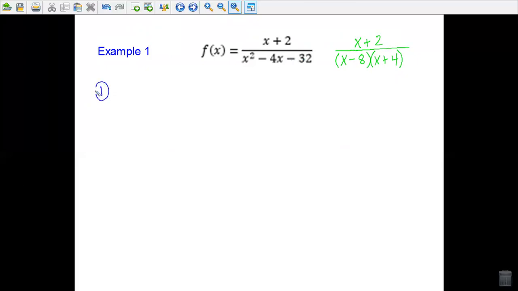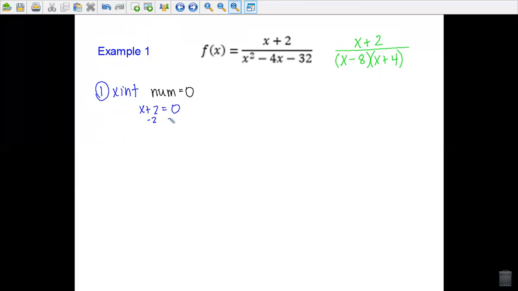First thing we got to find is our x-intercept. All right, my shortcut for the x-intercept is to set the numerator equal to 0. So for this problem, I have x plus 2 equals 0. Then I solve.